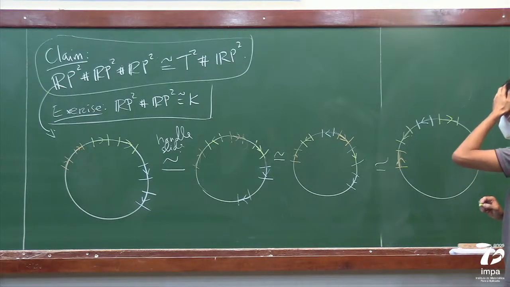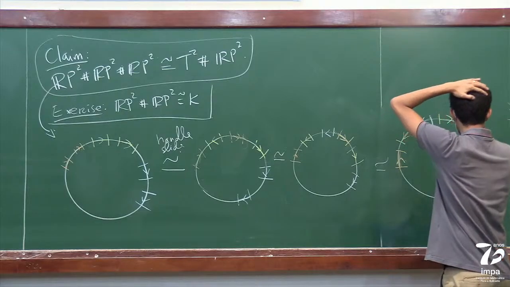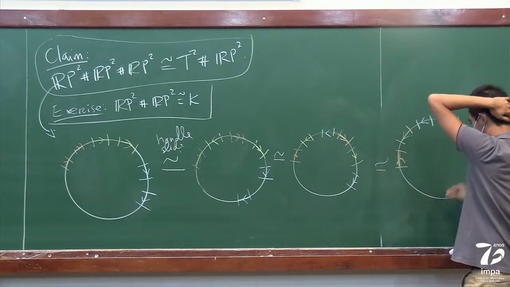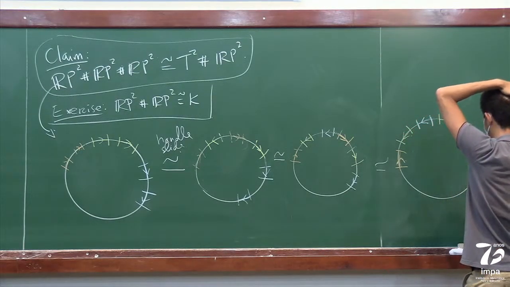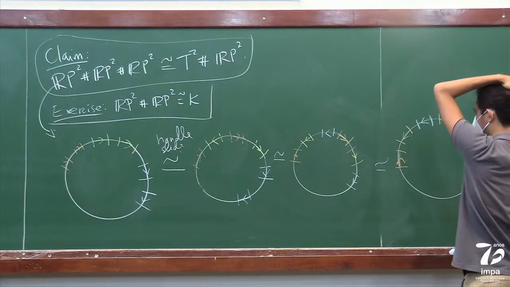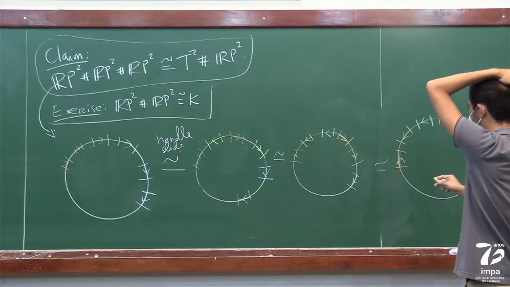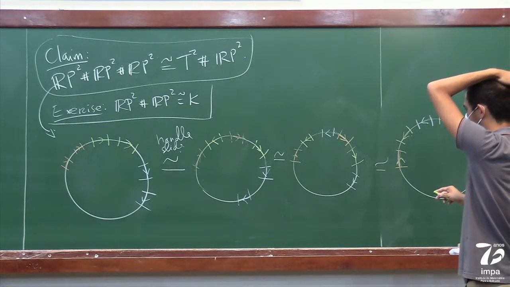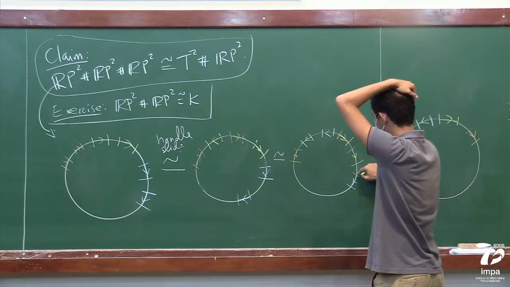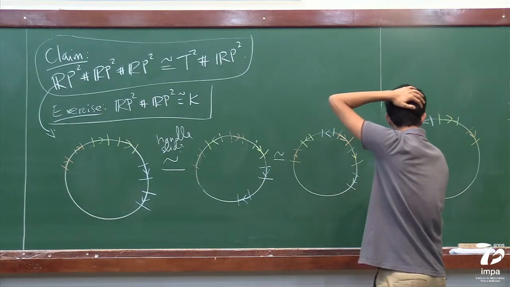And then I have the orange one, and then I have, wait. Oh, no, hold on. Yeah, no, the green one went here, then the orange one, and then the blue one.